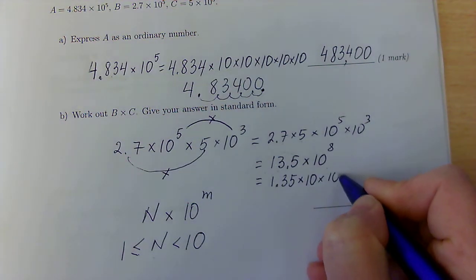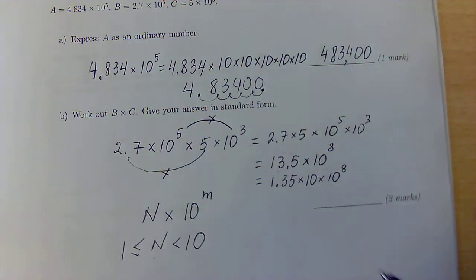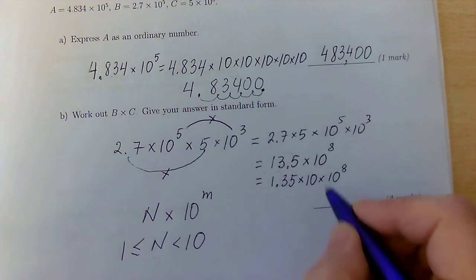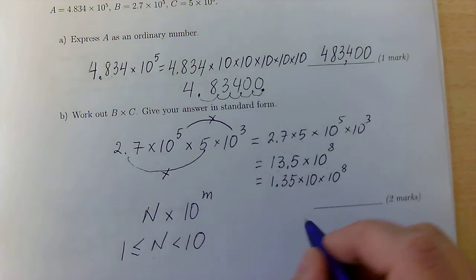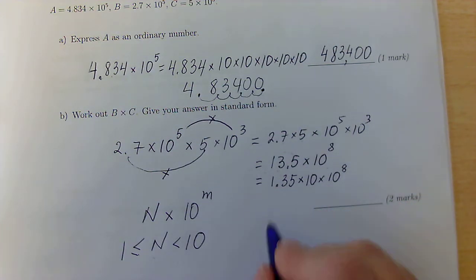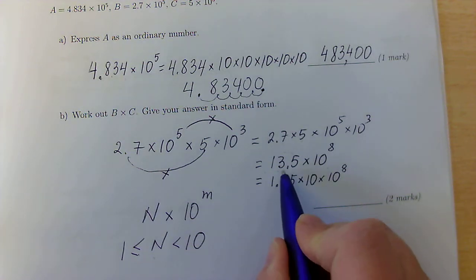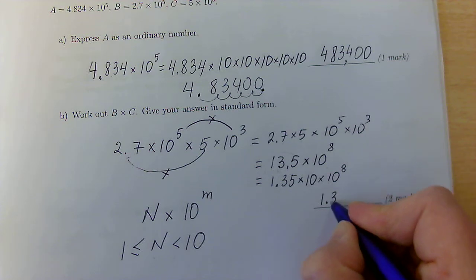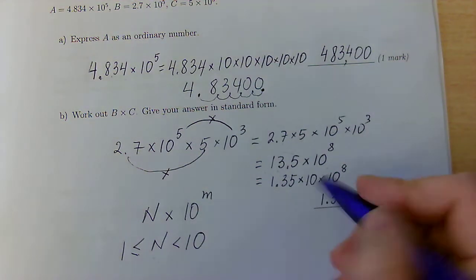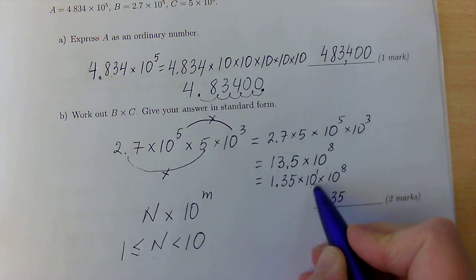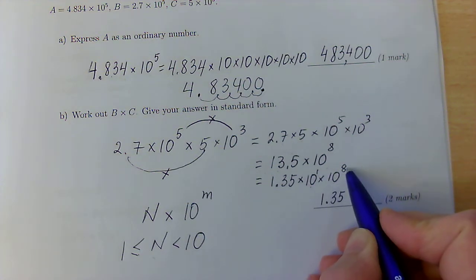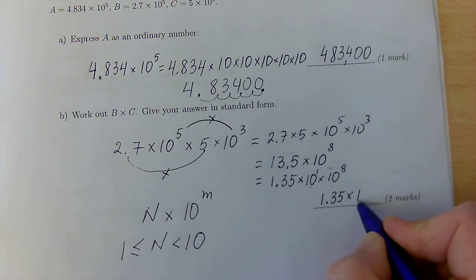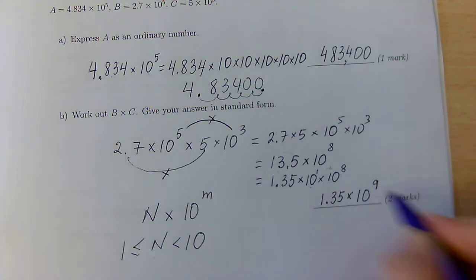Here some of you try to do work really fast without thinking, okay, and that's why you've lost marks here. I would really advise you to slow down sometimes and think what you're doing, okay. So 1.35 is a good number now for us because it's less than 10, and now 10 is just 10 to the power 1, and we have 10 to the power of 8, so you add the indices, so you have 10 to the power of 9.